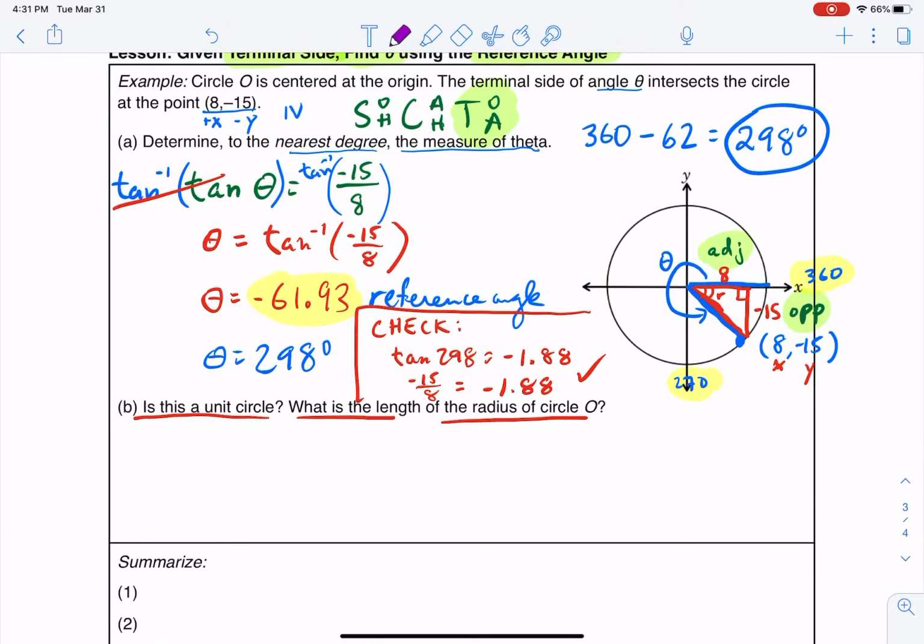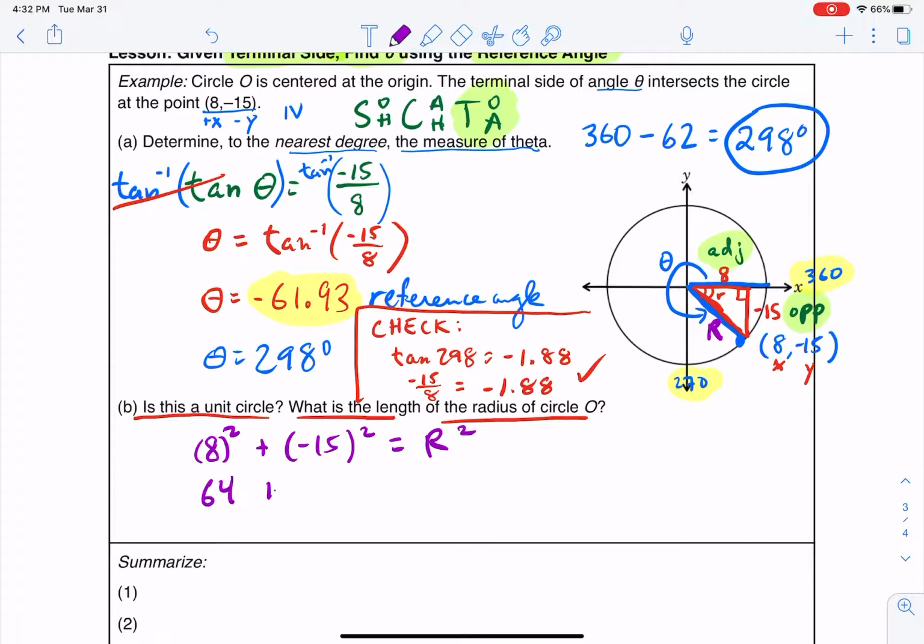Now, I'm going to draw that in purple. Our radius, with a big R, is the same as our hypotenuse here. We could just use the Pythagorean theorem to find that. So 8 squared, I'll do in parentheses, plus negative 15 squared is equal to our radius squared.